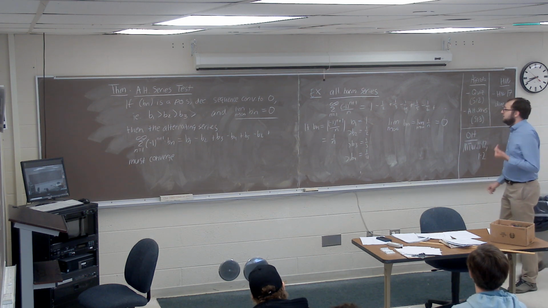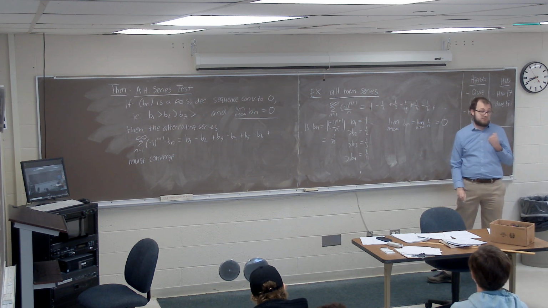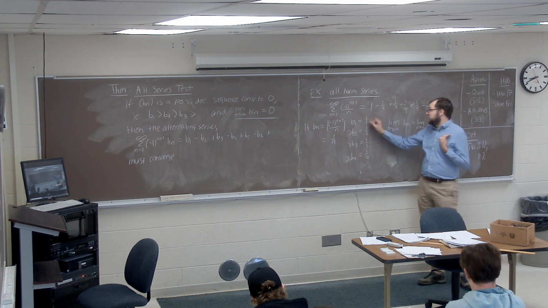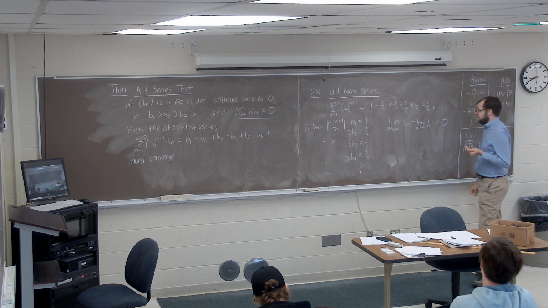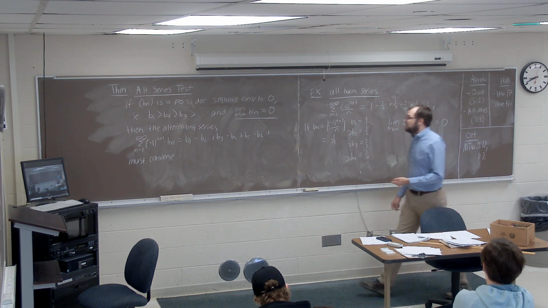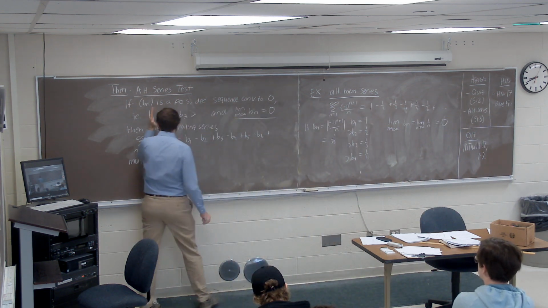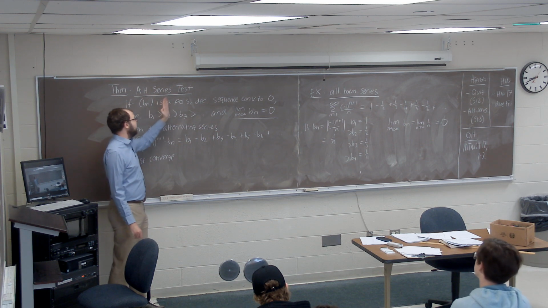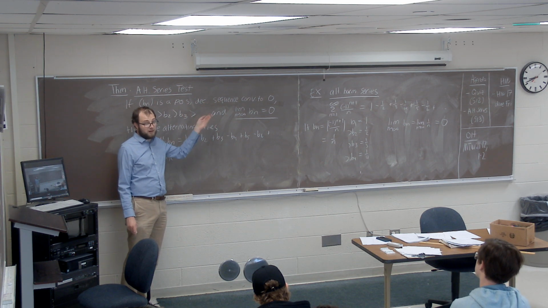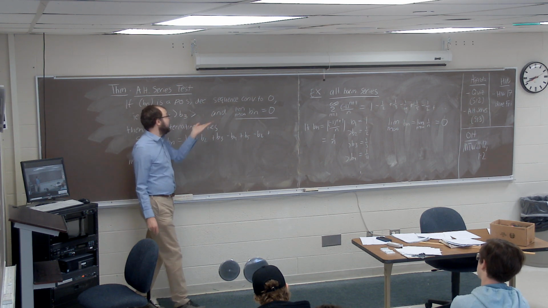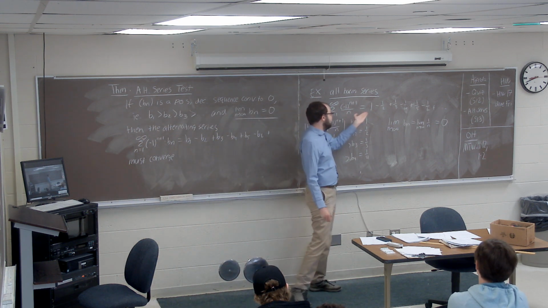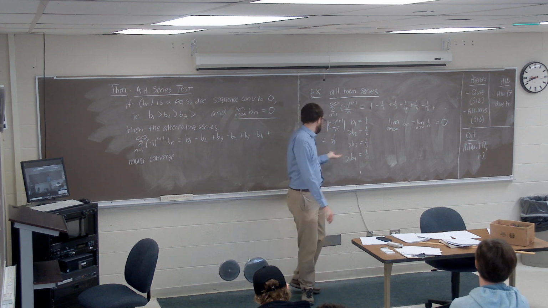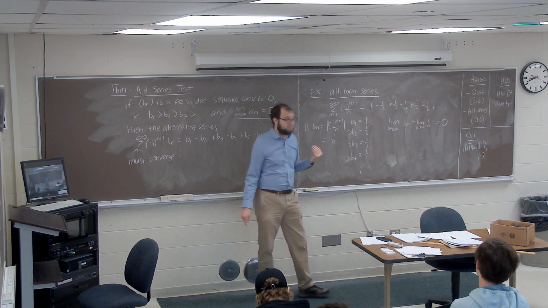So if we force all the terms to become positive, we get a decreasing sequence of terms, b1 greater than b2, greater than b3, greater than b4, etc., and when we take the limit as n goes to infinity of these individual terms, they're all going to 0.